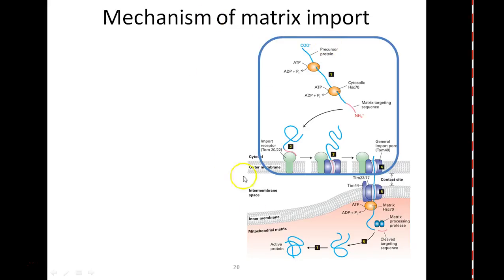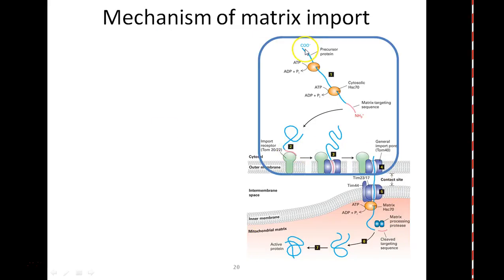So now we're going to go over the mechanism, and there will be 7 major steps. Here we are targeting the protein into the mitochondrial matrix. There will be 7 major steps, shown here as those black squares.